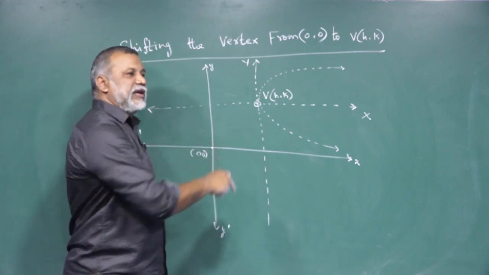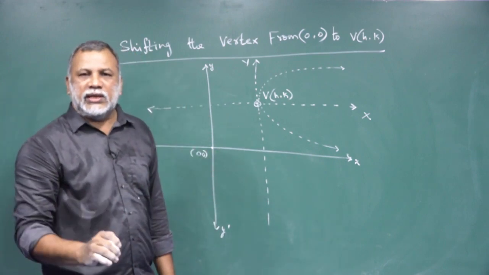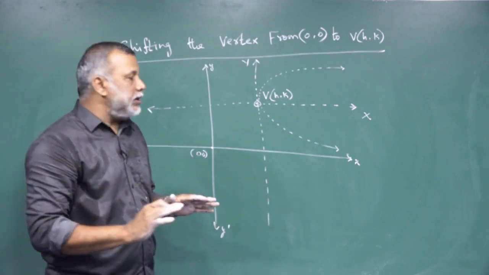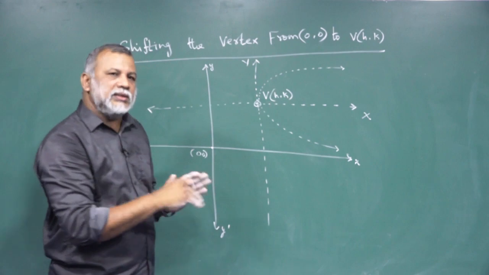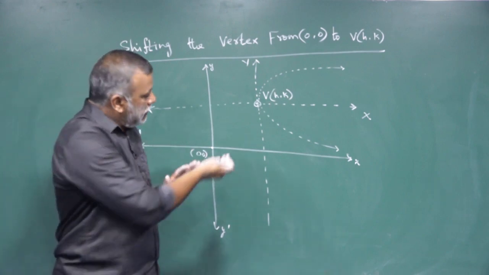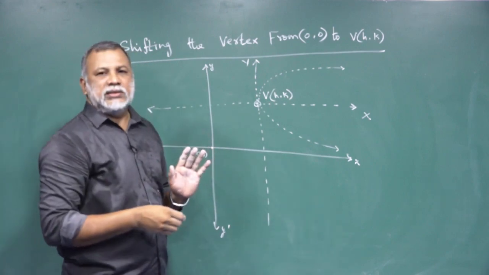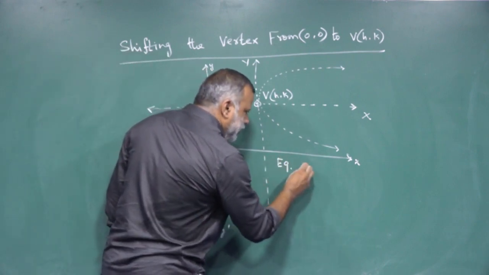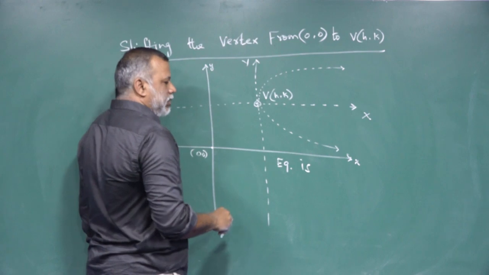So depending upon the vertex, we are able to draw the diagram regarded as type 1, type 2, type 3, type 4. So we can draw type number 1, shifting the vertex from 0, 0 to some other place. For this, I am going to say the equation of this parabola.